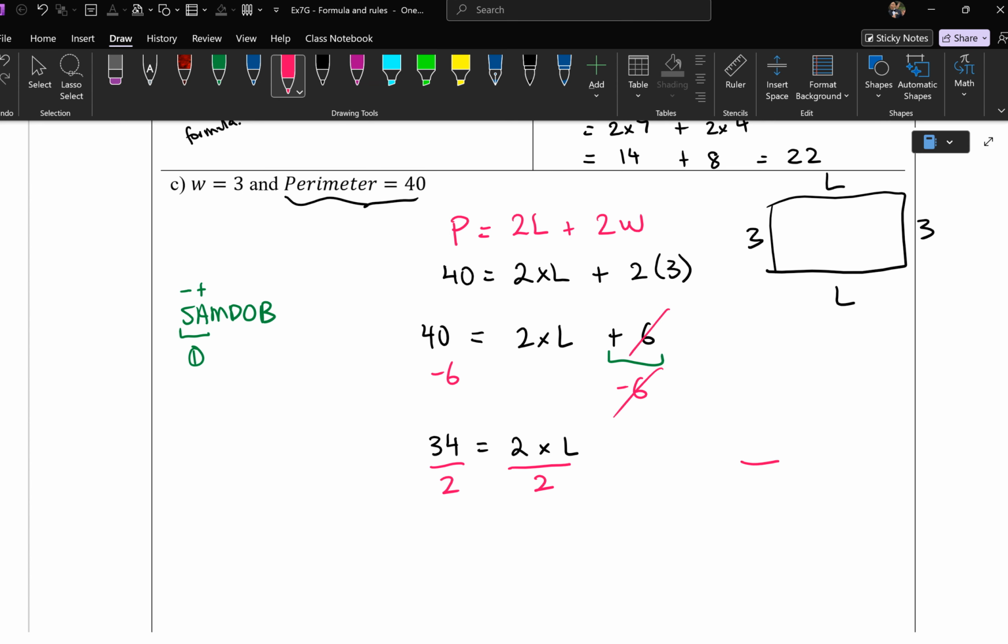If you haven't practiced it, this is exercise 7B. 2-step equation. So divide both sides. 2 divided by 2 is 1. What's half of 34? 17. So 34 divided by 2 is 17. 2 divided by 2 is 1, but 1 times L gives you L, because 1 times anything is itself. So the length must be 17 centimeters.